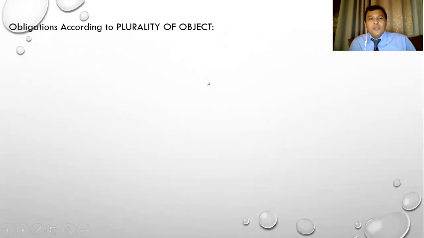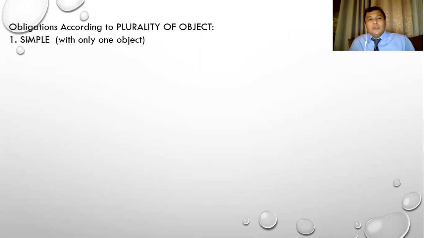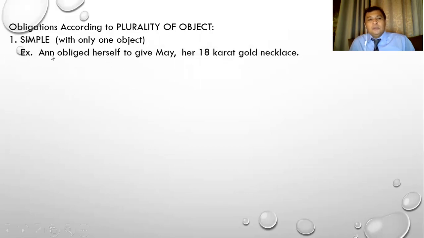Now, there are obligations which are classified in accordance with the plurality of object, meaning the prestation, the object to be delivered. So if there is only one object, it is simple. Say, for example, A obliges himself to give May an 18 karat gold necklace.